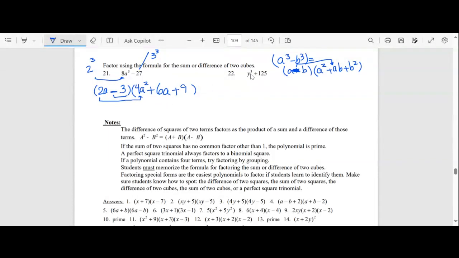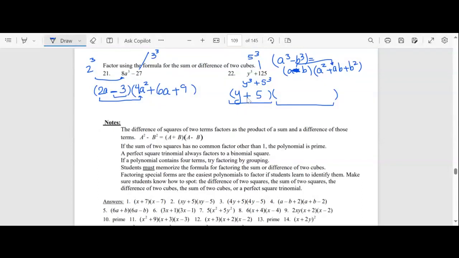Let's do another one. Here I have y cubed plus 125. 125 is what? 5 to the power of what? 3. Correct? So you have y cubed. So that's the sum of 2 cubes, right? So we have one short parenthesis and one long parenthesis. So I'm going to put y and 5.